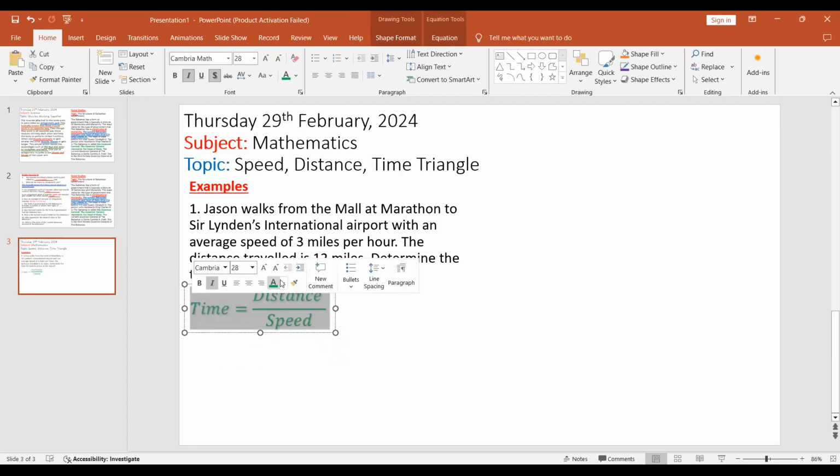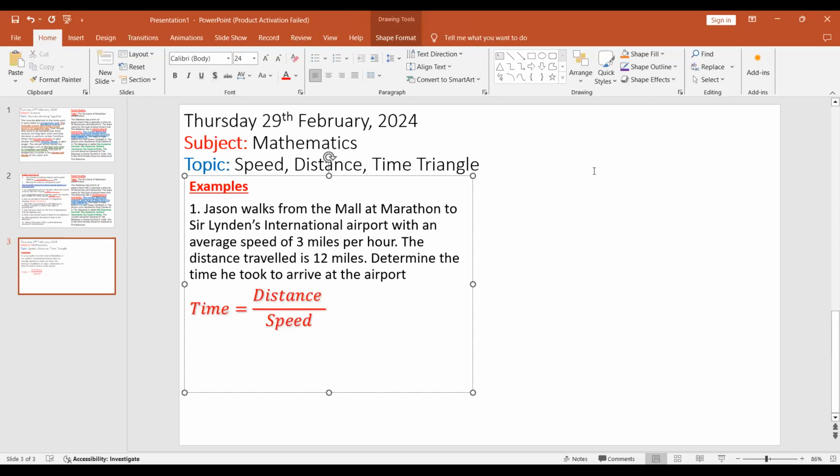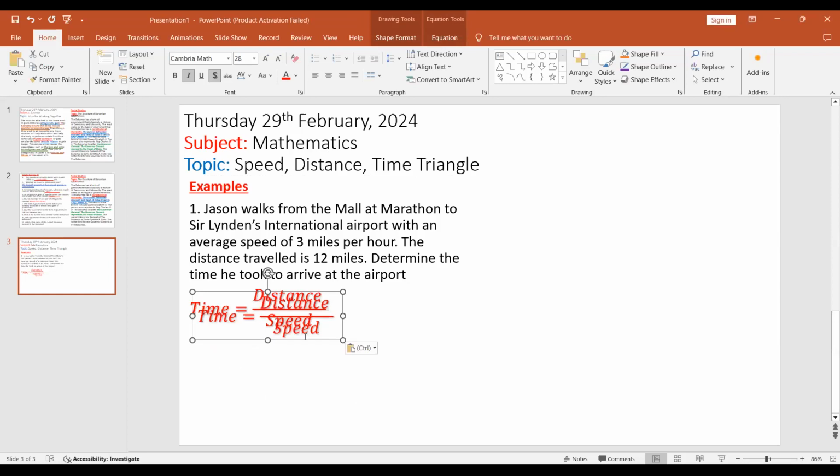I'm going to put this in red. What's the distance traveled? 12 miles, good. So the distance is going to be 12 miles.